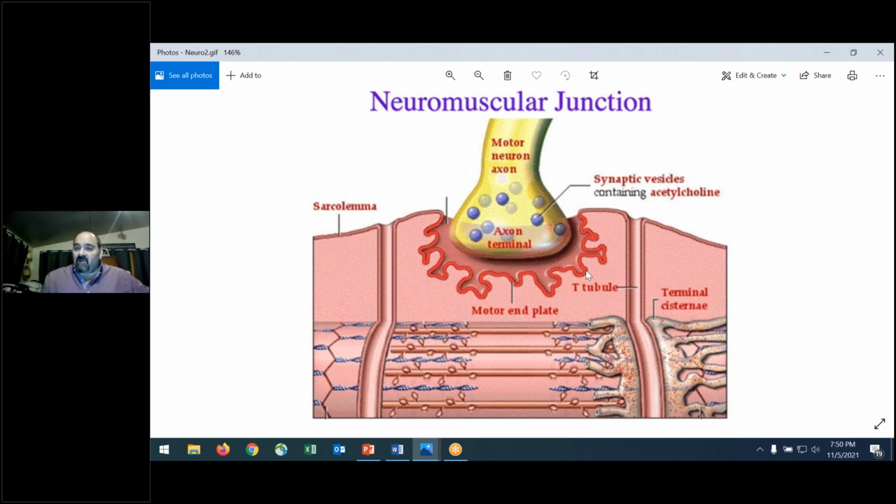It's called a chemical synapse, because these synaptic vesicles containing the chemical, a neurotransmitter called acetylcholine, will be released into this space, and that acetylcholine will interact with specific receptors on the motor end plate, different types of channels that will open and allow sodium ions to pass through and potassium ions to leave.